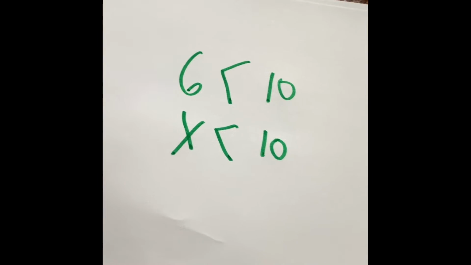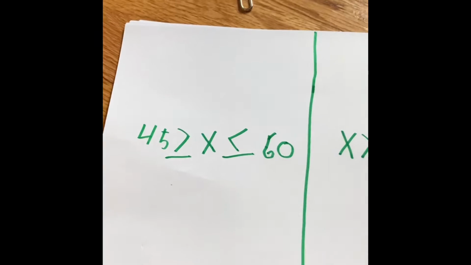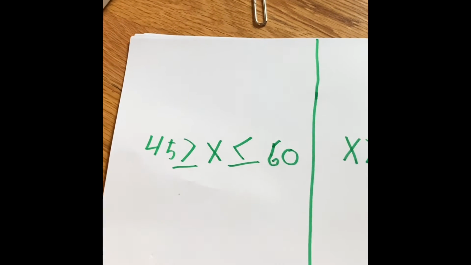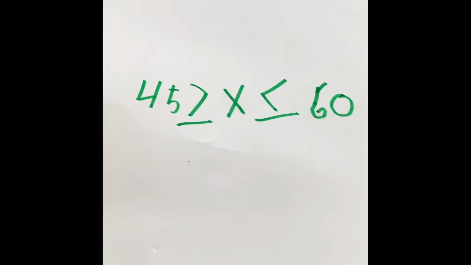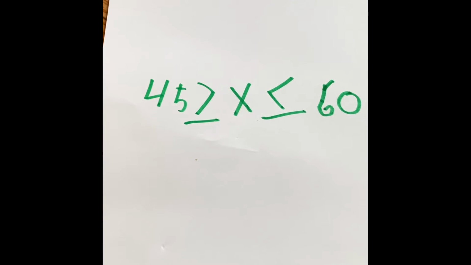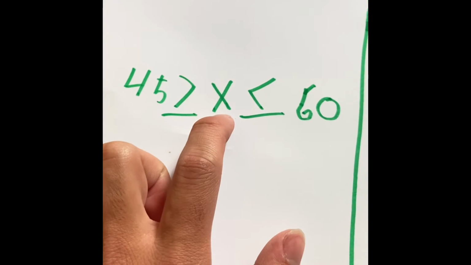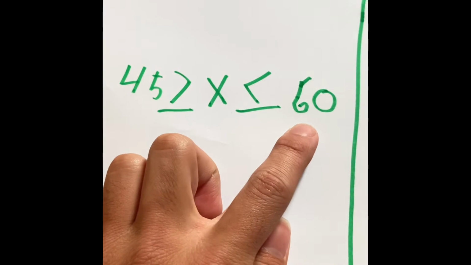But what happens if an inequality that has two signs in it and two numbers shows up? So we have this: 45 is greater than or equal to x, and x has to be less than or equal to 60.